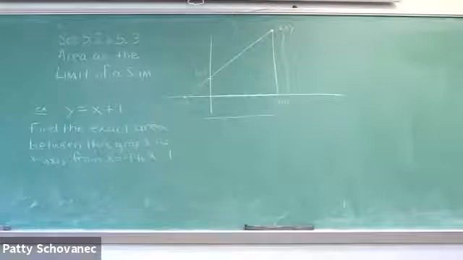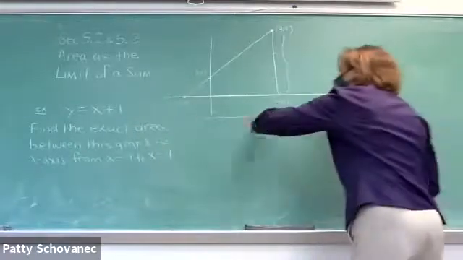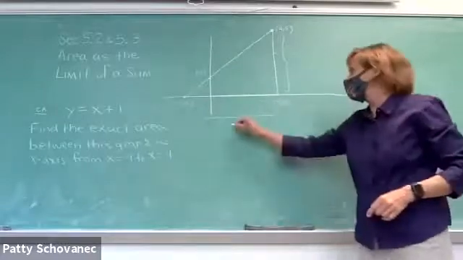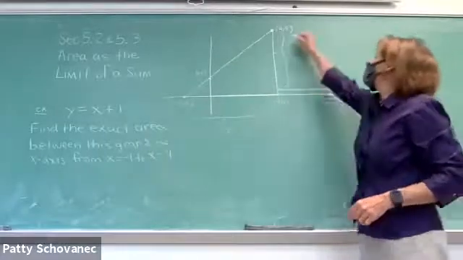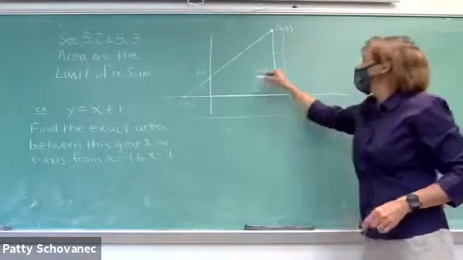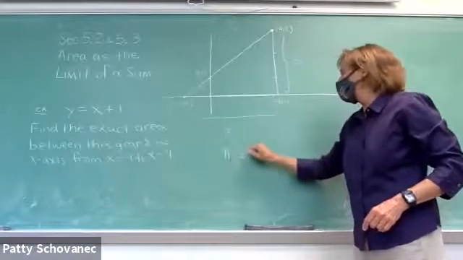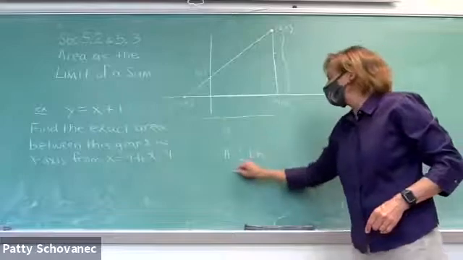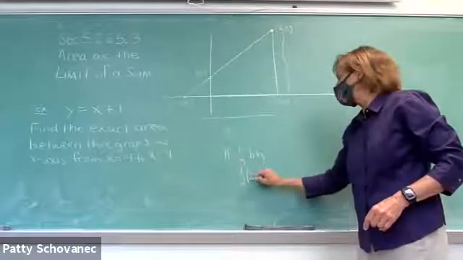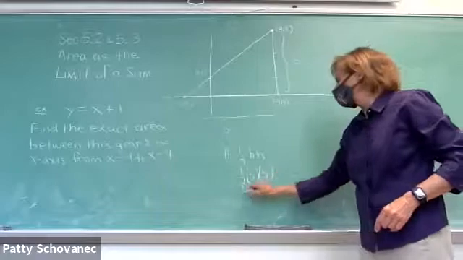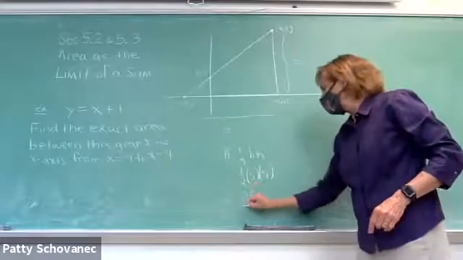Got it figured? How long is it this way? That's 5 units that way. That's clearly 5 units that way. So the area is 1/2 base times height, which is 1/2 of 5 times 5, which is 25 divided by 2.